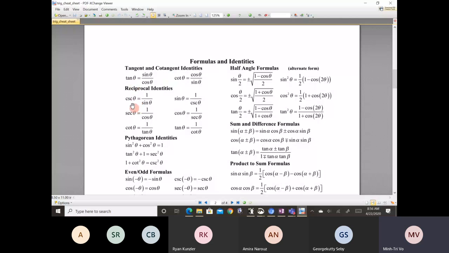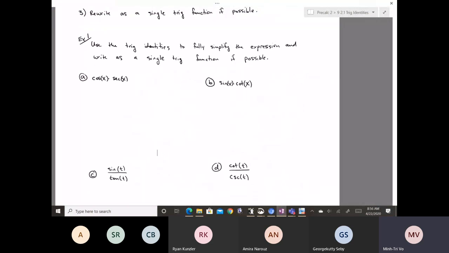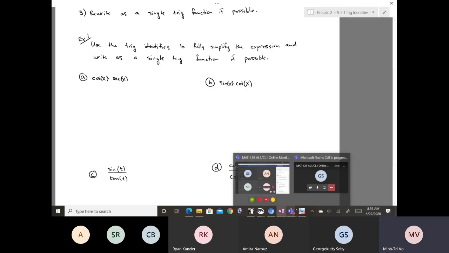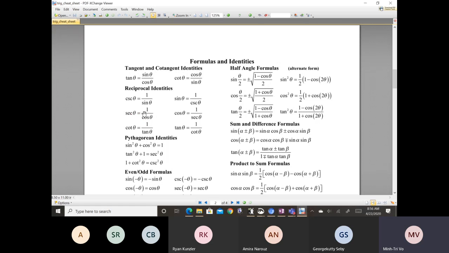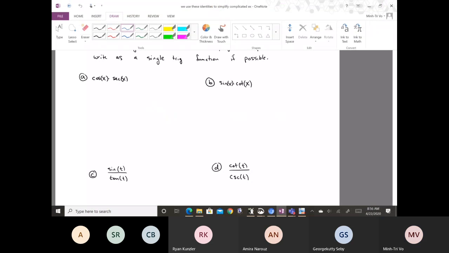So these four identities reduce everything in terms of sine and cosine. With that in mind, in this first problem I have cosine and I have secant. Secant I can reduce in terms of cosine by using this identity: secant is just 1 over cosine. So that's the one I want to use.